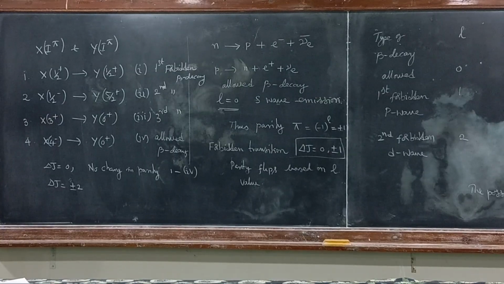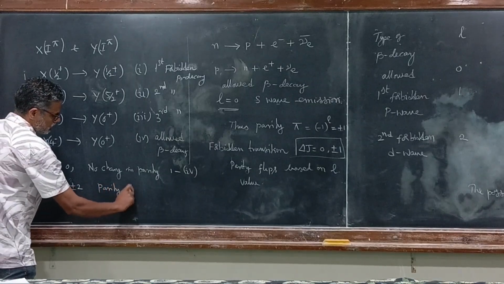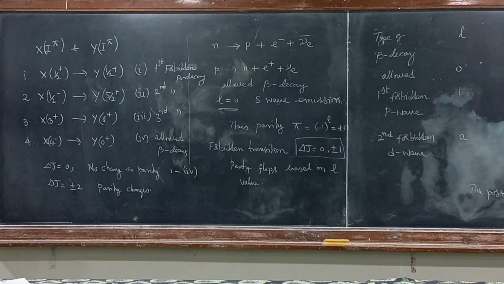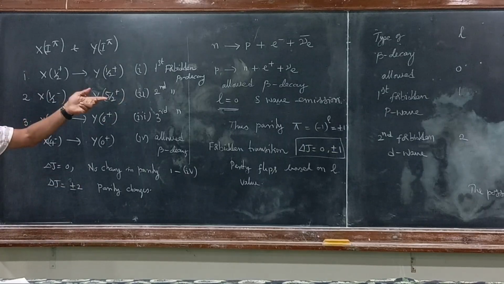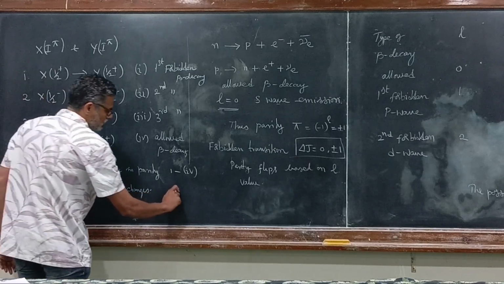And the parity changes. It can be first forbidden, isn't it? You can ask a question: for the second forbidden also plus or minus 2 is there, but parity should not change. But here parity changes. So therefore it is first forbidden.